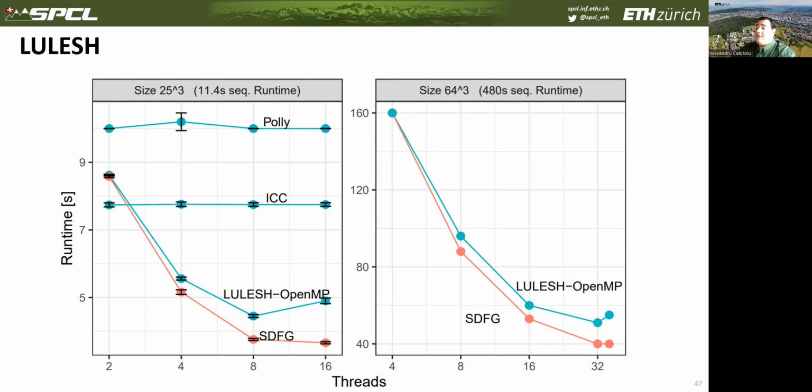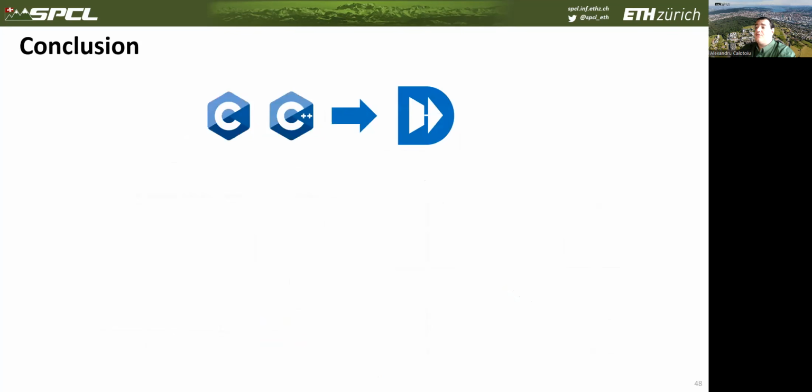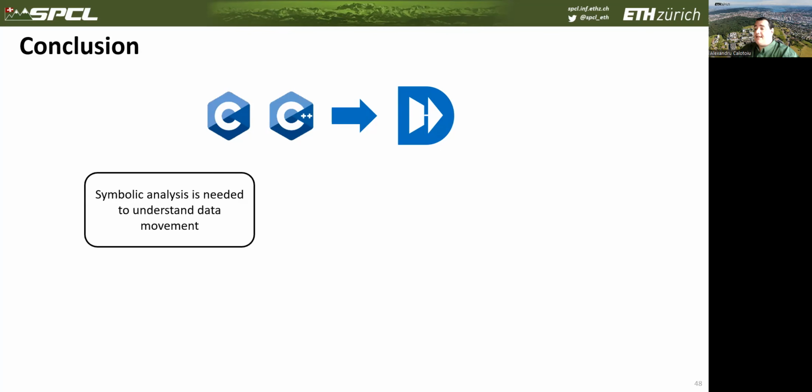In conclusion, I would like to say that it is possible to lift C semantics from C into the SDFG IR and then create optimized and improved programs by use of dataflow analysis. However, symbolic analysis is needed to understand data movement.